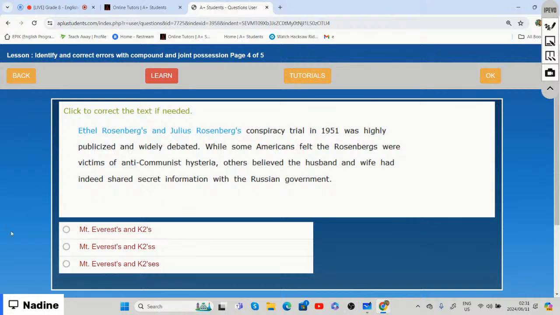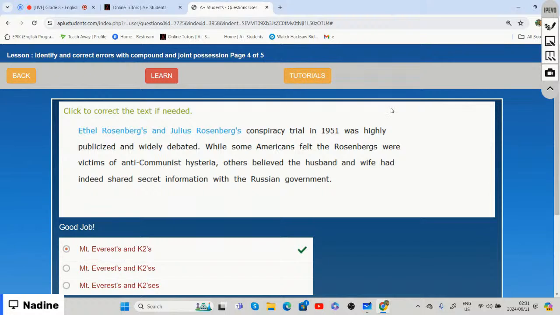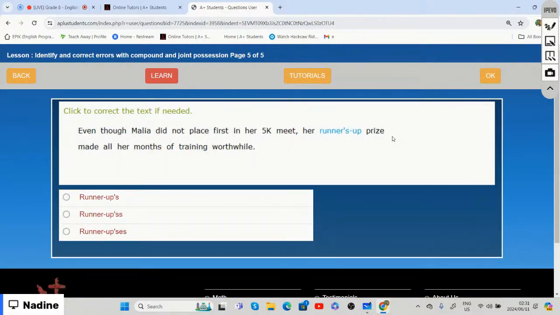If we were to use the correct one, remember we only add an apostrophe and an S, one S, not an apostrophe and SES. So we'll go with option one, which is Mountain Everest and K2s. So Everest is on its own, K2s is on its own, which means that they are talking about two separate things.